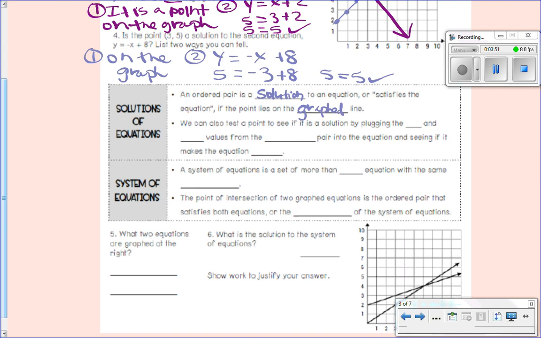We can also test a point to see if it is a solution by plugging the x and y values from the ordered pair, like we did with the ordered pair (3, 5), into the equation and seeing if it makes the equation true.